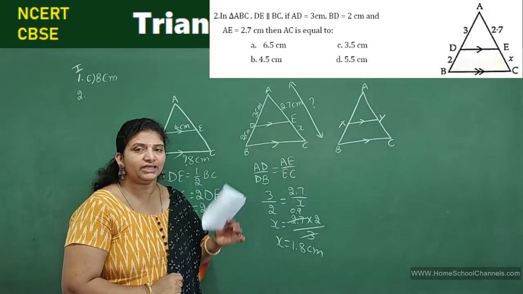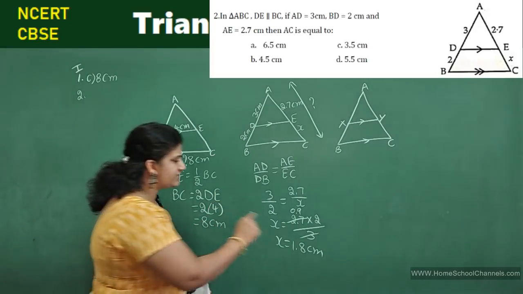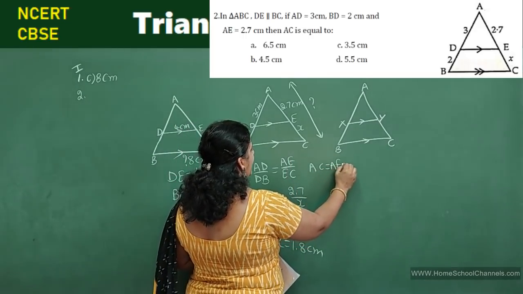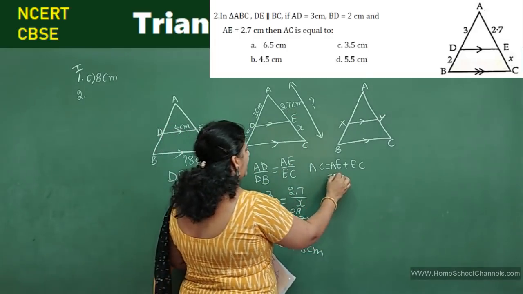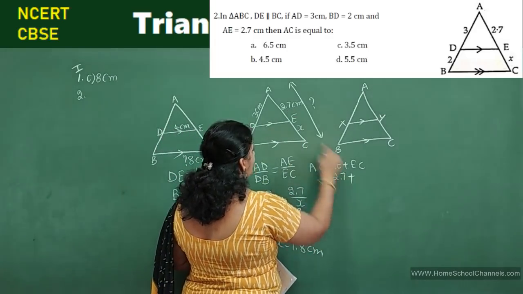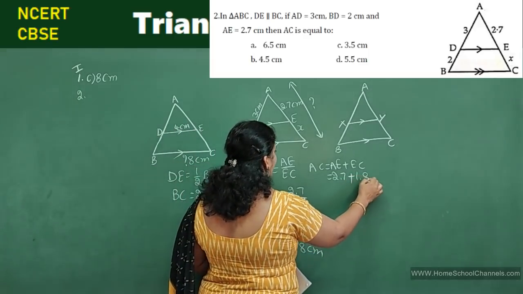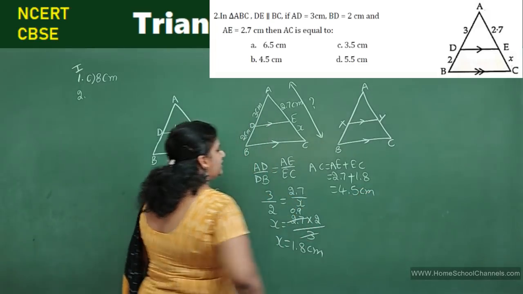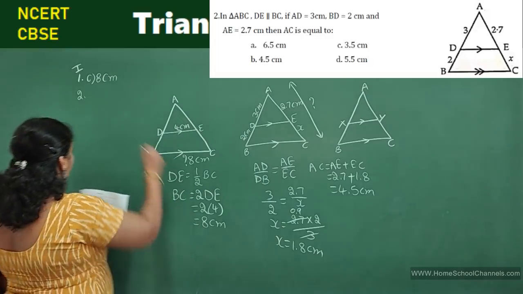But actually, in your question, they asked the AC length. AC is nothing but AE plus EC. We know AE is 2.7 and EC length X means 1.8. That will be 4.5 centimeters. Check the options. It is option B.